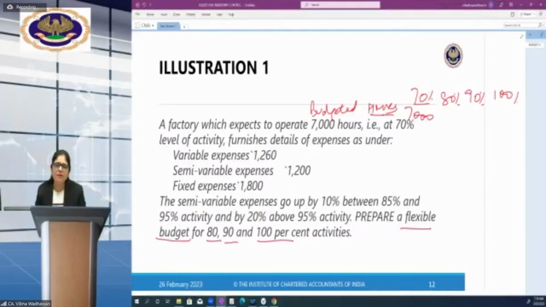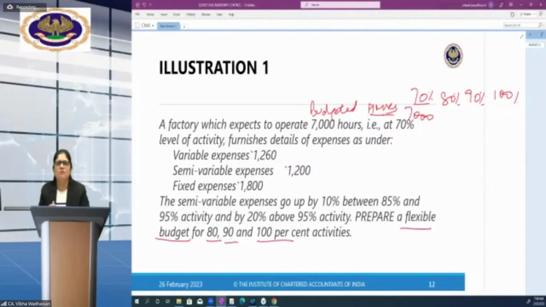This is very, very suitable for such organizations where the technology changes very rapidly, the product changes, the quality of product changes, the formation of product changes, the techniques of production change. So in this type of organization, flexible budget is very useful, because you can adapt as per the level of activity and as per the level of changes.